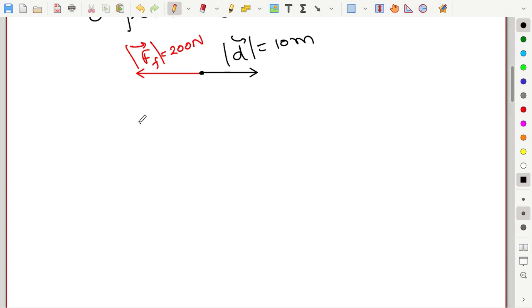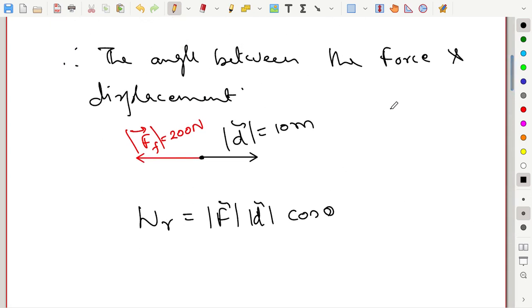So the work done by the road can be written as mod F vector times mod D vector times cos theta, and the theta here is 180 degrees, or in radians we have pi radian. This is the angle between the force and the displacement vector.